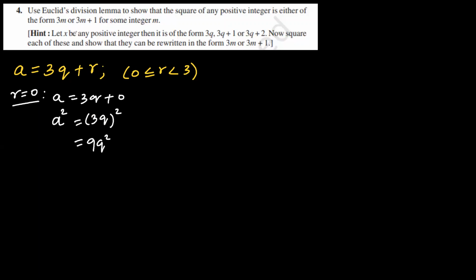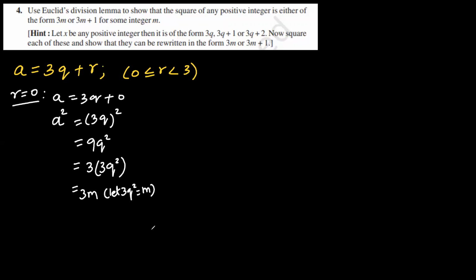We have to express as a multiple of 3. So we can take 3 as common. So that will be 3 into 3q square. And now we are assuming this 3q square as m. Let 3q square equal m. So therefore, we are getting 3m, that is a multiple of 3. We have expressed one part of the answer as a multiple of 3.